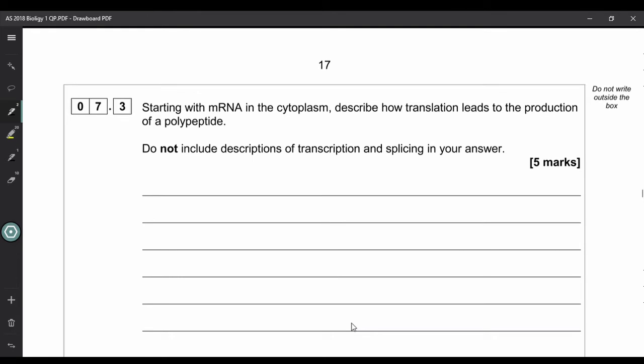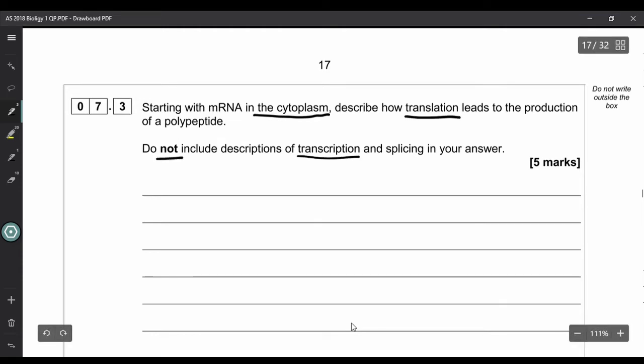Okay, starting with mRNA in the cytoplasm. So again, it states that it's already in the cytoplasm. Describe how translation leads to the production of a polypeptide. So it's asking you for translation. It says do not include descriptions of transcription and splicing in your answer.